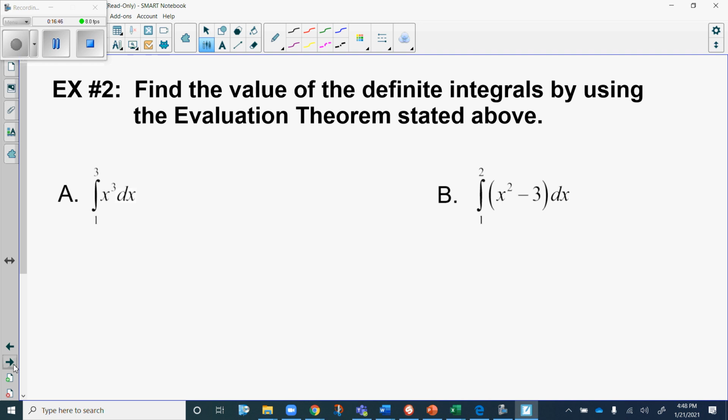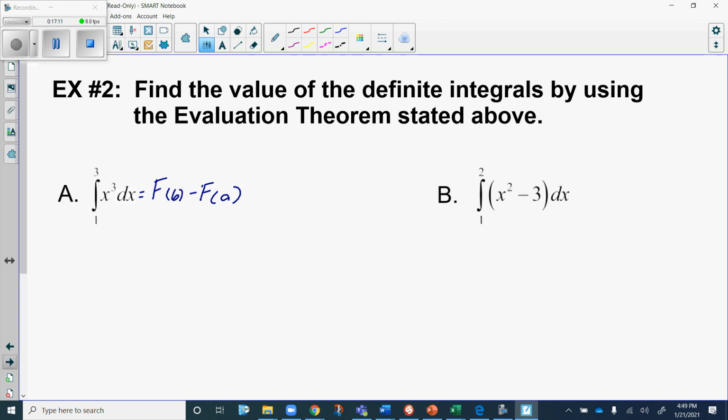We can say f of b minus f of a, based on what we saw for the fundamental theorem part one.